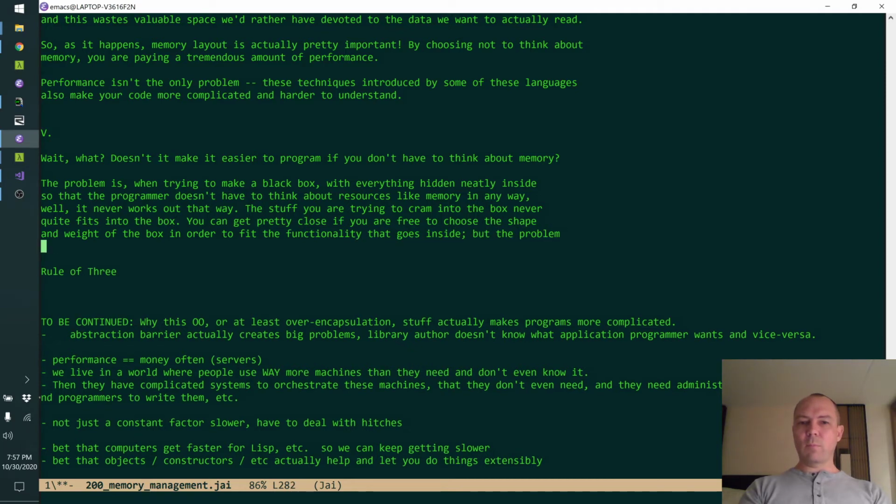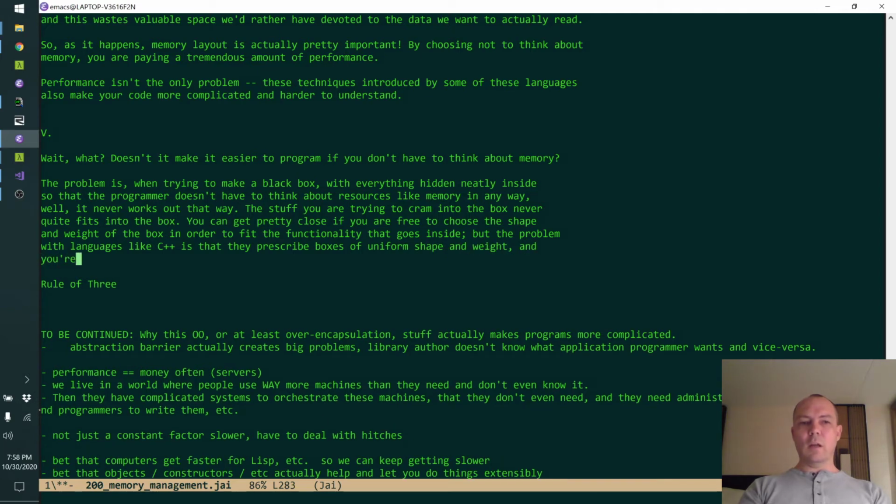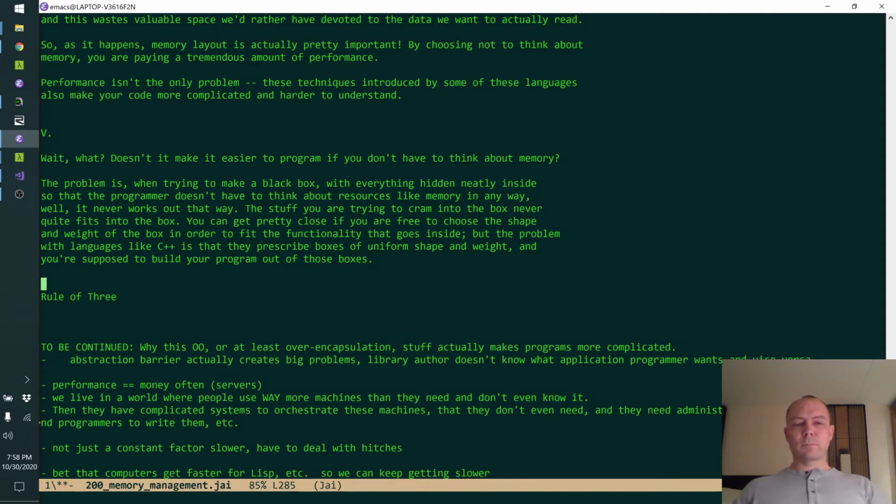But the problem with languages like C++ is that they prescribe boxes of uniform shape and weight, and you're supposed to build your program out of those boxes. Maybe I'm getting a little overgeneralized there.